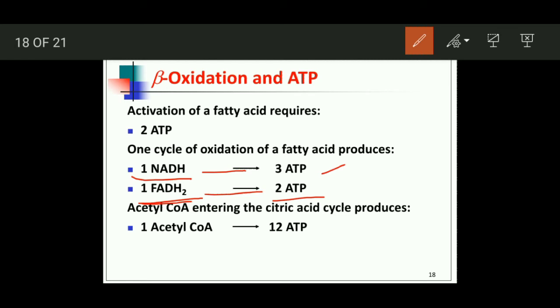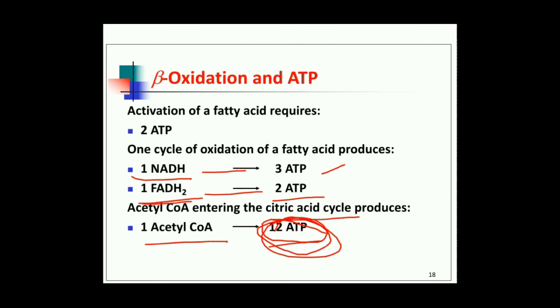Clear here, guys? Acetyl coenzyme A entering the citric acid cycle: one acetyl coenzyme A will give 12 ATP. The acetyl coenzyme A obtained by this process goes into the Krebs cycle, and after the Krebs cycle it produces 12 ATP. Understood?